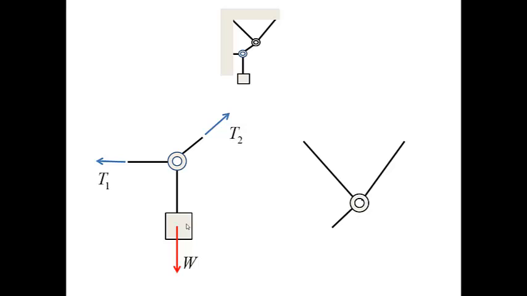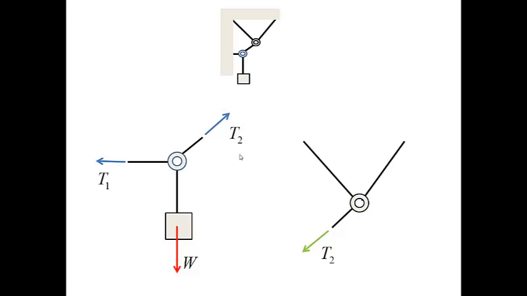Next, we will consider the free body diagram involving the upper ring and the 3 cables attached to it. First, we recognize that the lower cable has already appeared in this free body diagram, and we denoted its tension by T2.